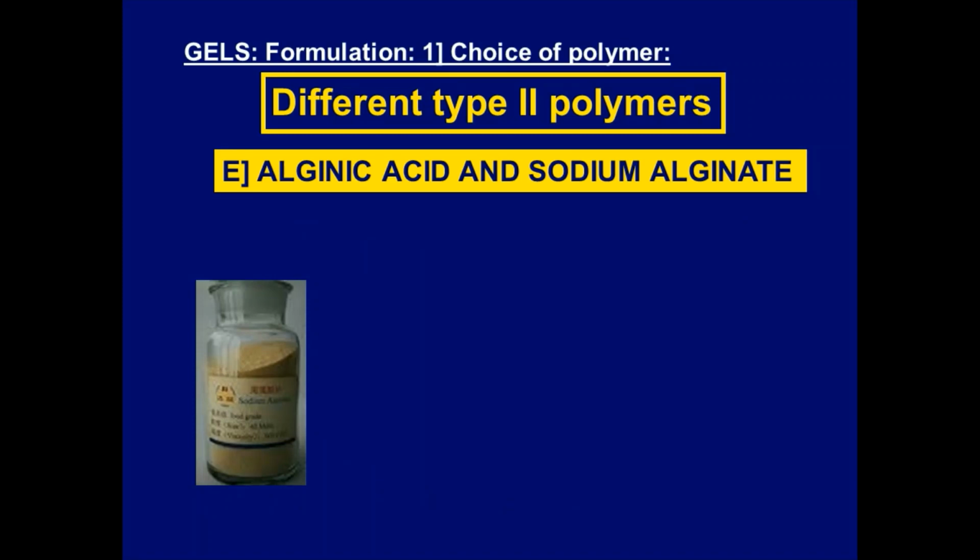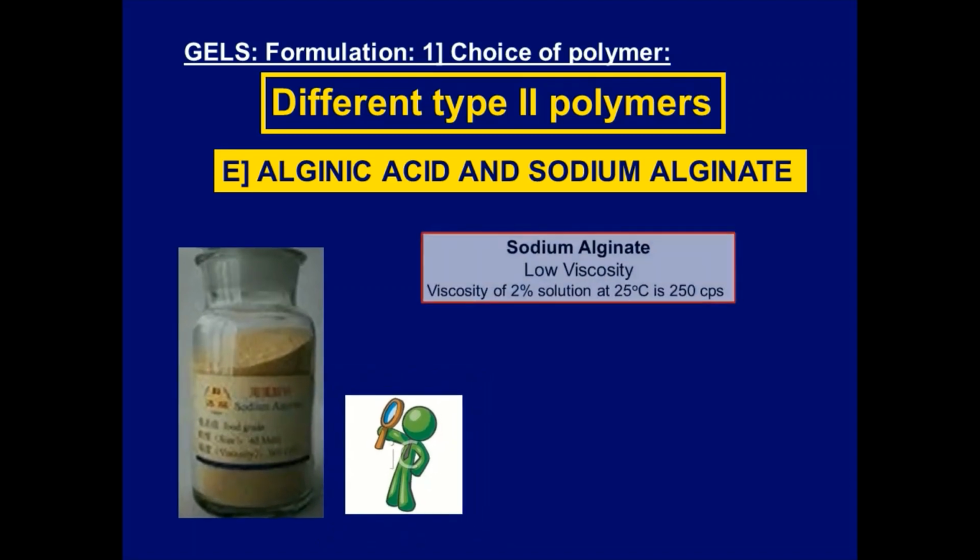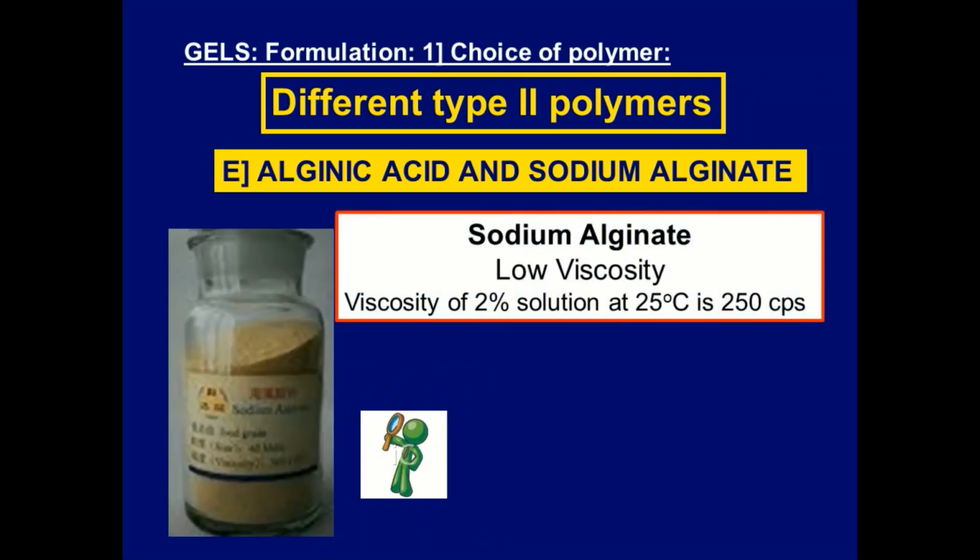This is a package of sodium alginate. Let's take a closer look at the label. Look, what is written on the label? Sodium alginate, low viscosity, where viscosity is a standardized viscosity of 2% solution at 25 degrees is 250 centipoise.